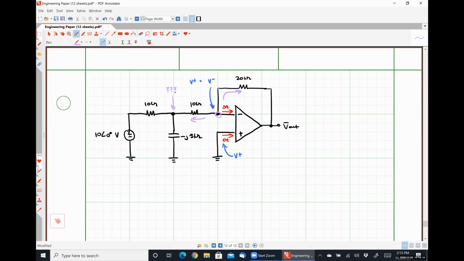So for instance, if I called this guy VA, I would have an equation that looks like negative VA divided by 10 kiloohms minus V out over 20 kiloohms is equal to 0. I've got one equation and two unknowns, okay? So I would have to come up with some other equation.